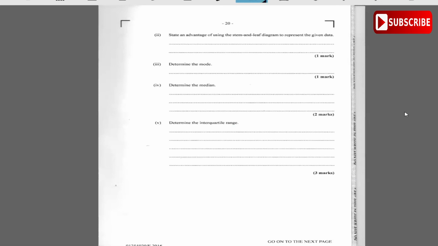It says state an advantage of using stem and leaf to represent the given data. So stem and leaf is well organized, and so we are able to find mean, median and mode very easily.